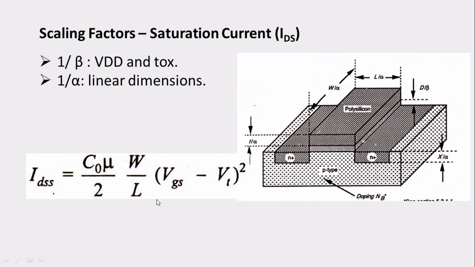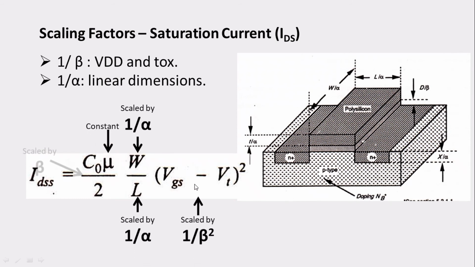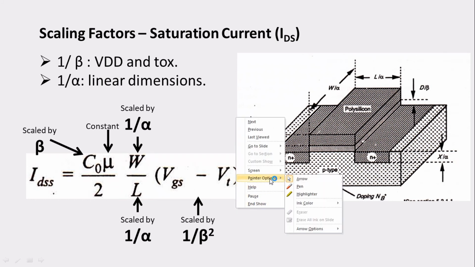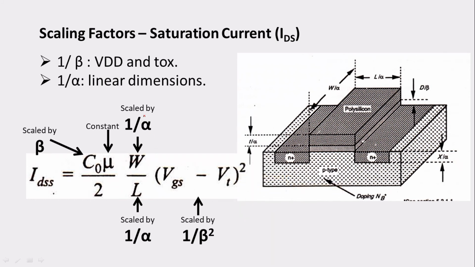Now C naught, W, L and VGS minus VT scaling factors we know. Here we have 1 by alpha and 1 by alpha.